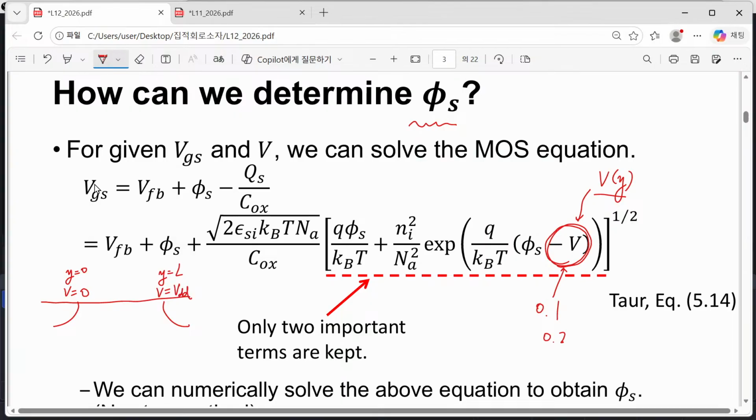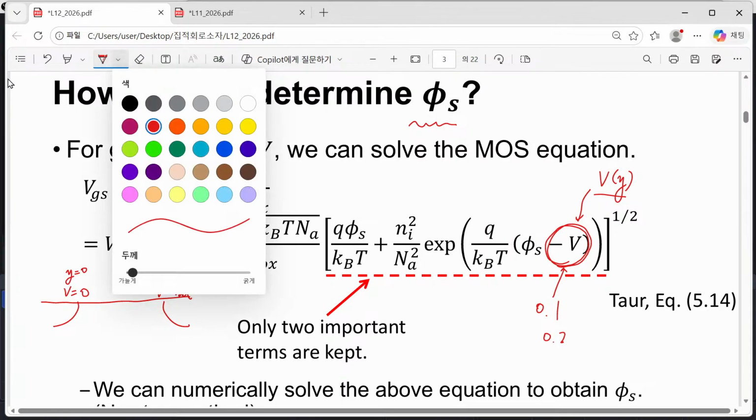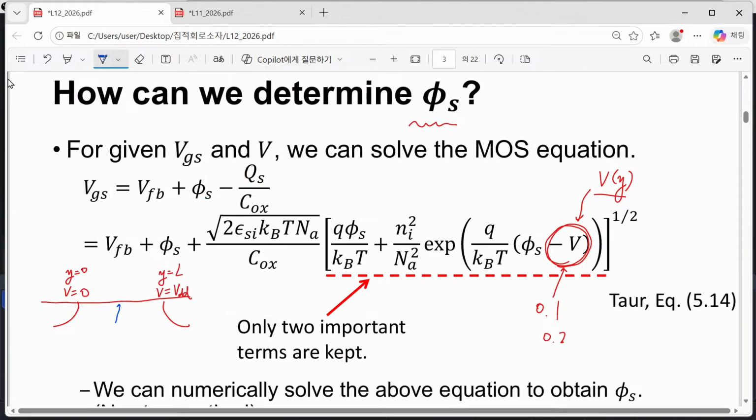If we select one point at half of L, what will be the value of V at y equal to half L? Actually, we have no idea about the exact value of V at a given position. That is the one we want to calculate.